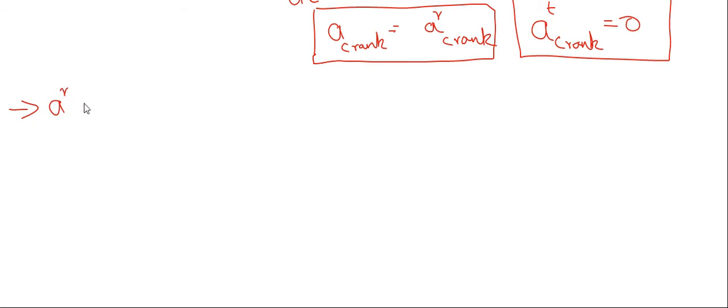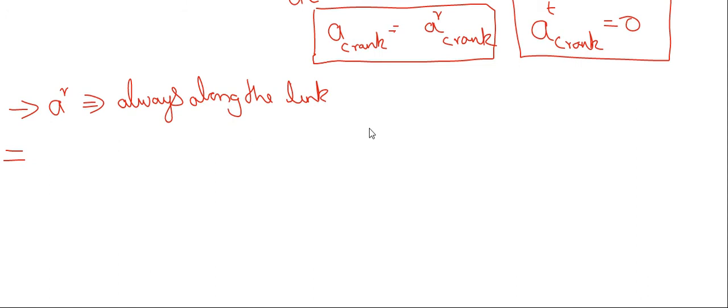The radial component will always be along the link. That means the direction of the radial component will always be along the link.